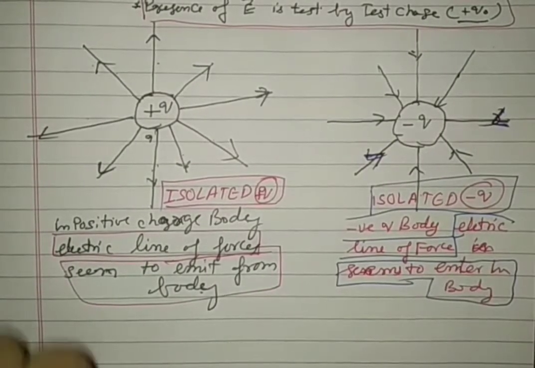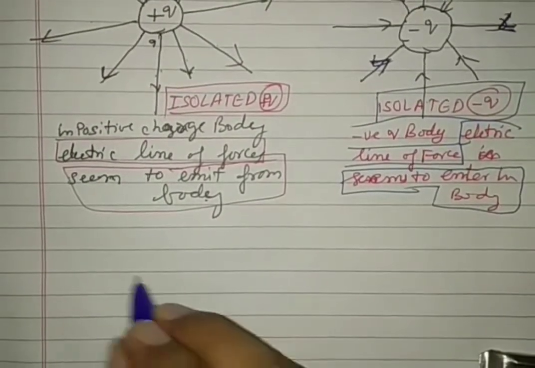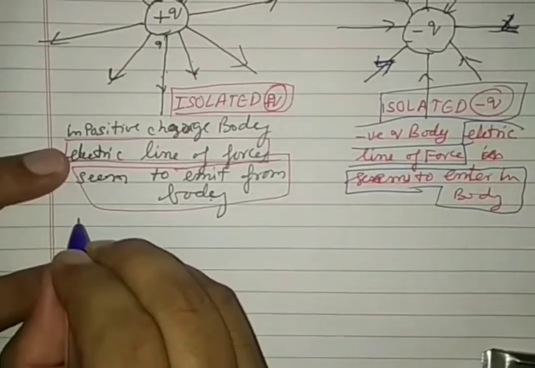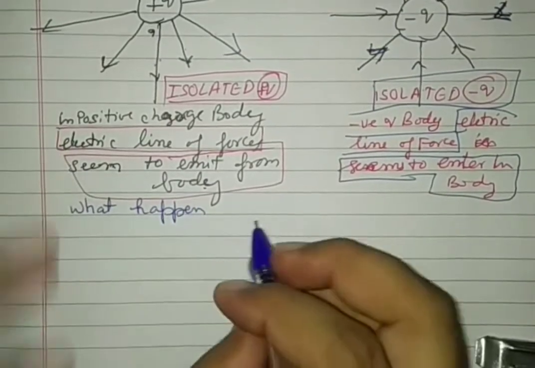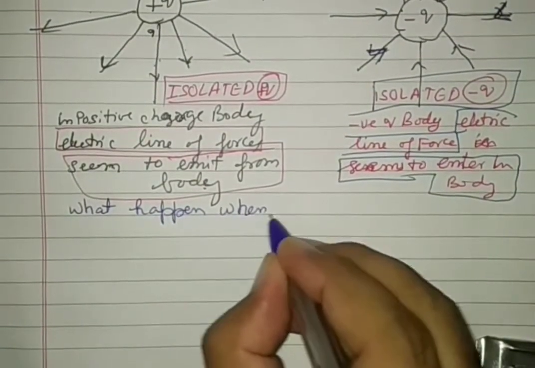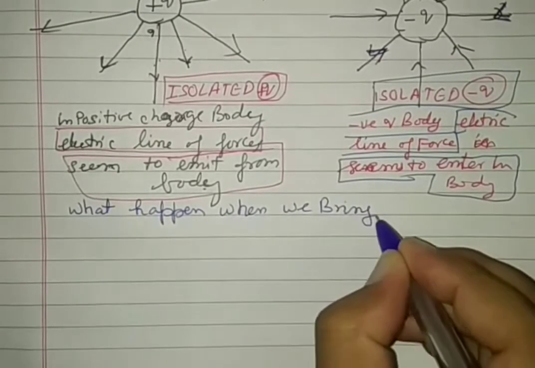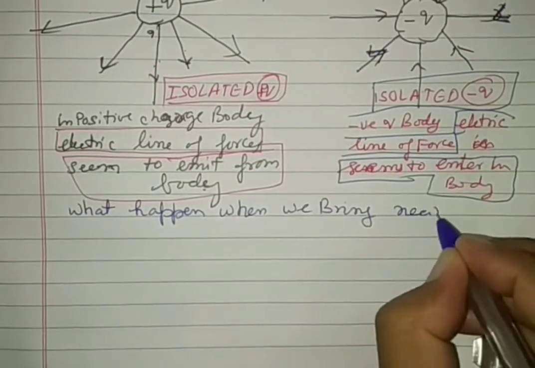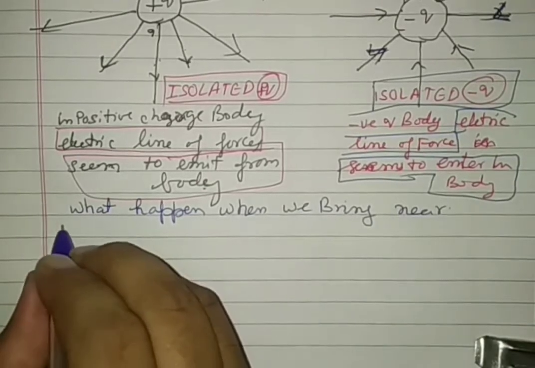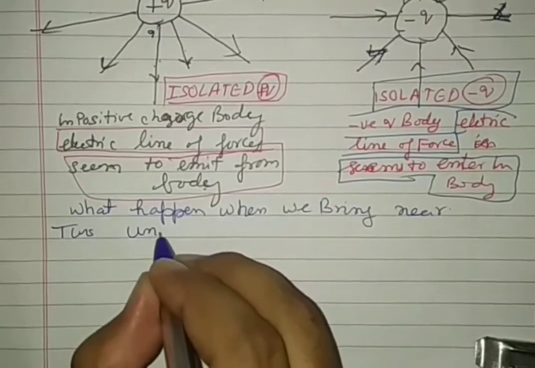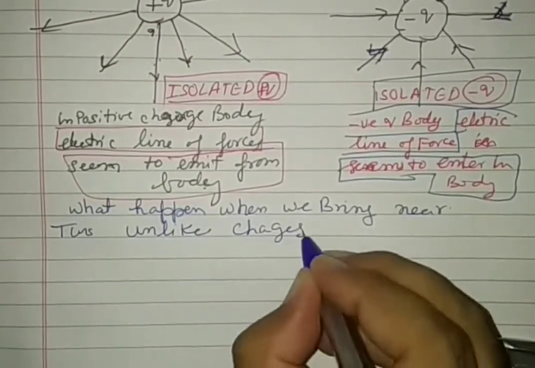It's required. Now what happened when we bring two unlike charges near?